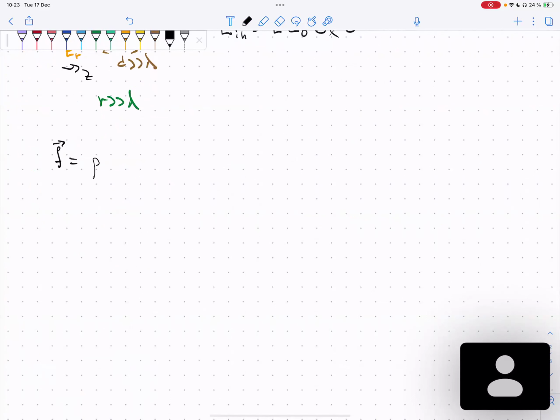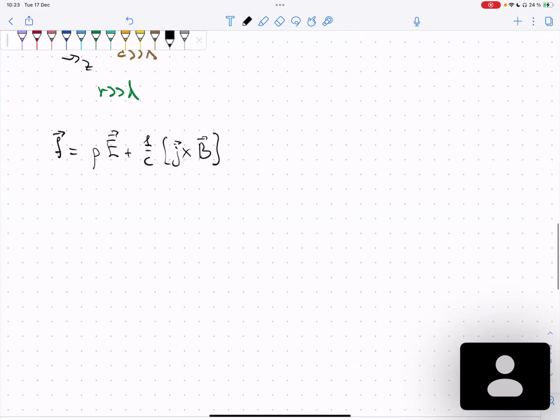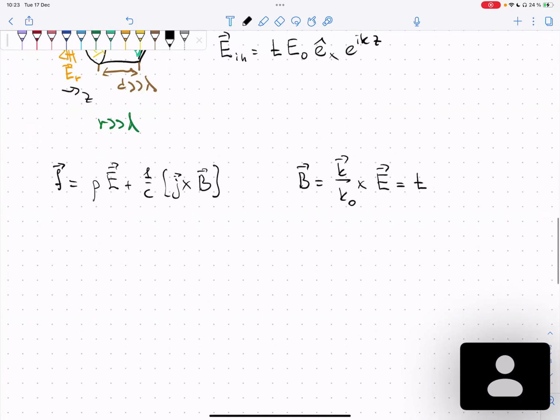It's rho E plus 1 over c J times B. From Maxwell equations, we can write that B is just k divided by k0 times E, and thus it's equal to transmission coefficient for the field inside.